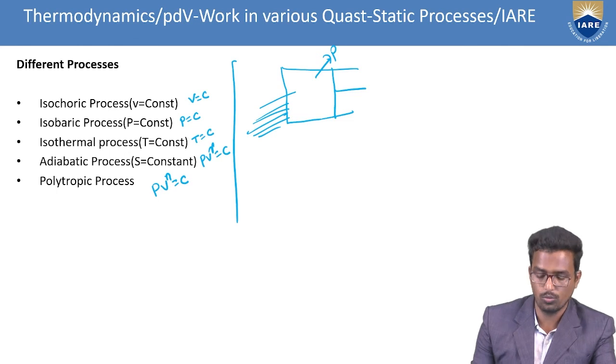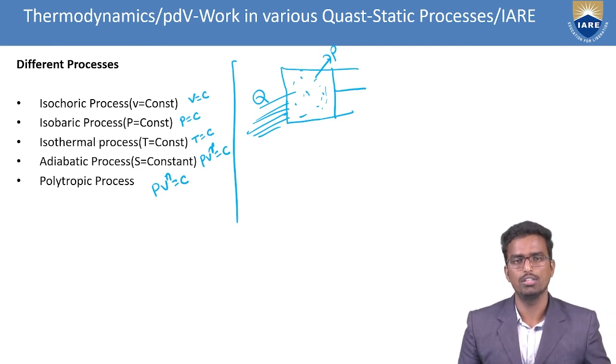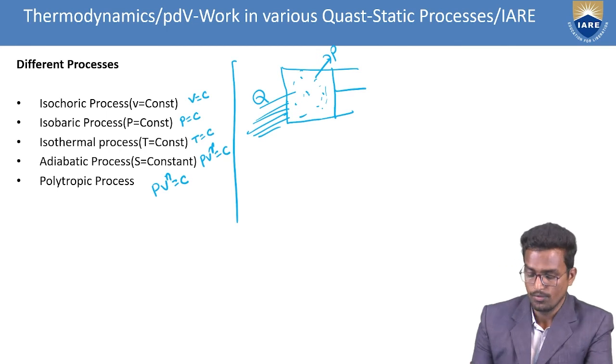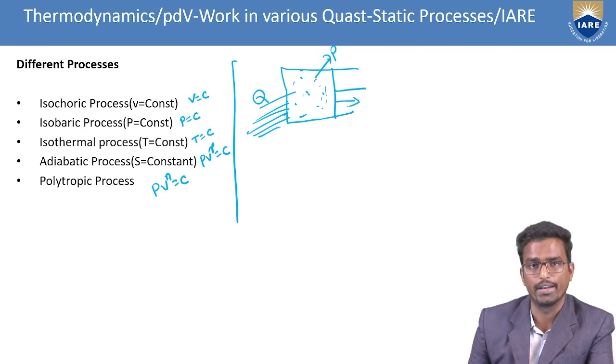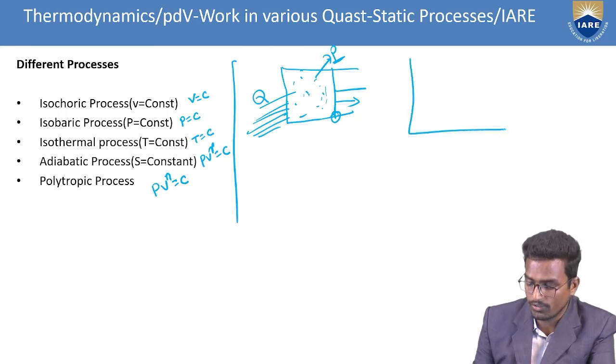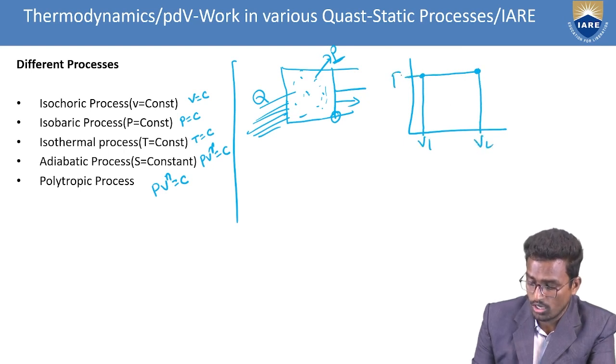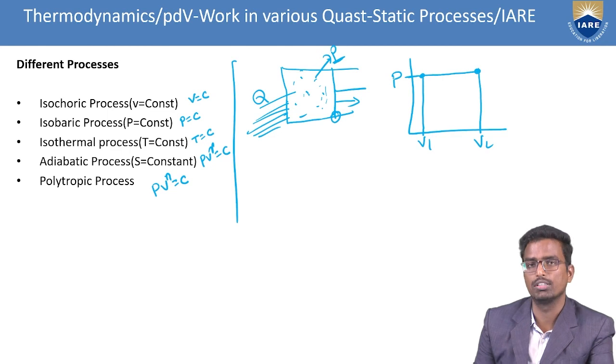Because of the heat input, the gas inside slowly heats up, and its volume also increases, so the piston moves outward. If we assume a frictionless condition, the pressure remains constant and only the volume changes. If you draw the PV diagram, the initial pressure and final pressure are the same, but the volume goes from V1 to V2 at constant pressure. This is an example of that.